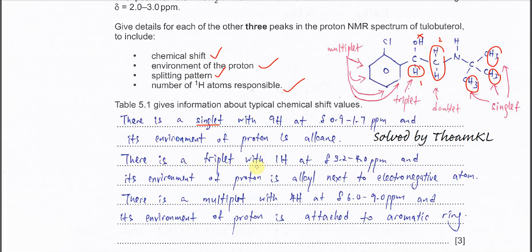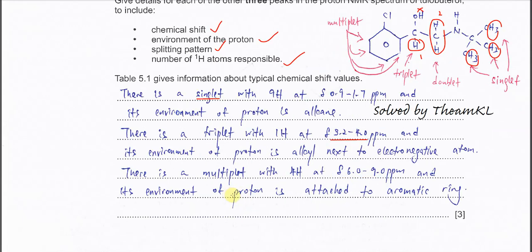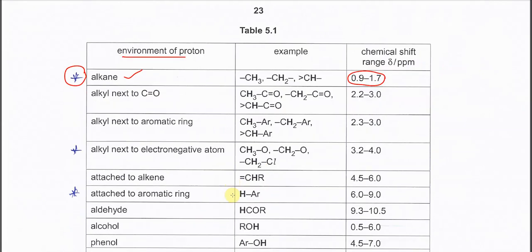So there is a triplet with 1H, because here is just 1H, at 3.2 to 4 ppm, because this CH is next to an electronegative atom, right?